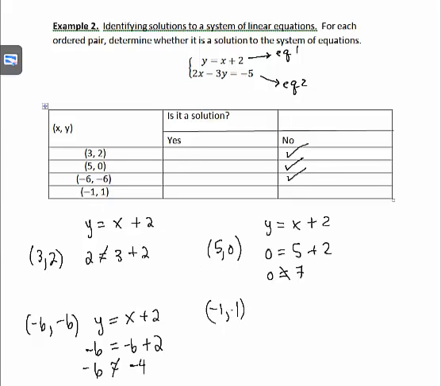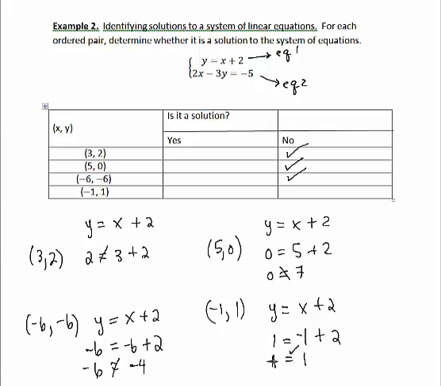Okay, our last ordered pair, negative 1, positive 1. We'll test this same equation. Y is a 1, a positive. X is a negative 1. It's the first number in the ordered pair. We add 2 to it, and we get a positive 1. 2 minus 1 is positive 1, and that matches the left-hand side.